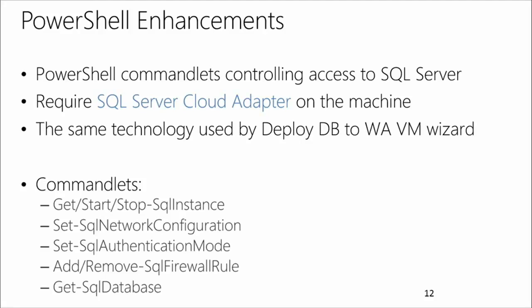PowerShell scripting currently doesn't cover the whole set of features that deployment has, but it covers the most important part of what the Deploy Database to Windows Azure VM wizard added. What those commandlets allow you to do is a few things. You can get the configuration of the SQL Server, such as network configuration, and you can set it.